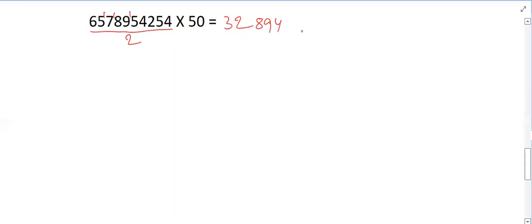Then 7 with remainder 1, then 7 again. Then 2 with remainder 1. And then 7 with remainder 0. So we have to add 2 zeros.